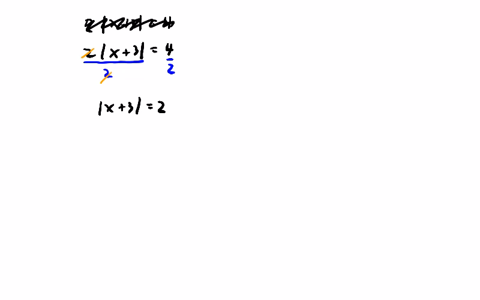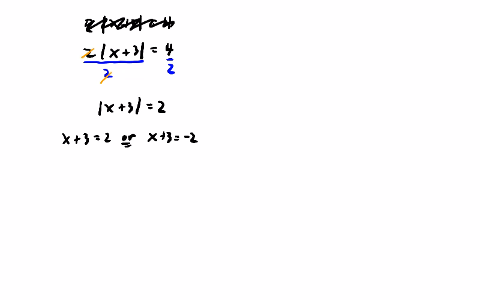Now we can remove the absolute value signs and say that x plus 3 must be 2, or, keyword, x plus 3 must be the negative of 2. If what's inside of the absolute value signs comes out to equal 2, its absolute value is 2, or if what's inside is equal to -2, its absolute value will still be 2.